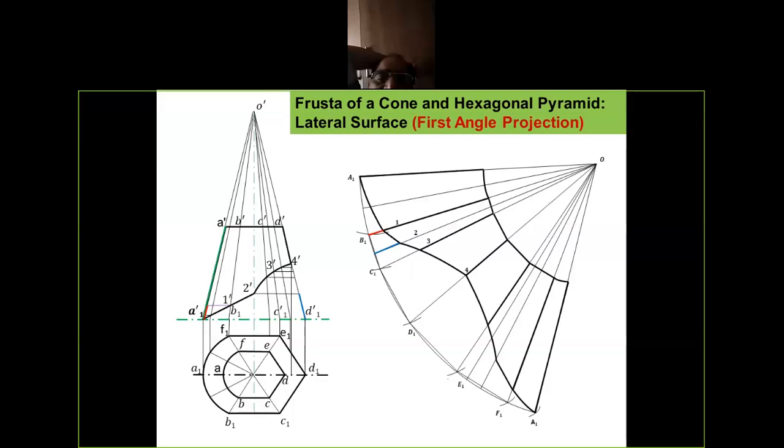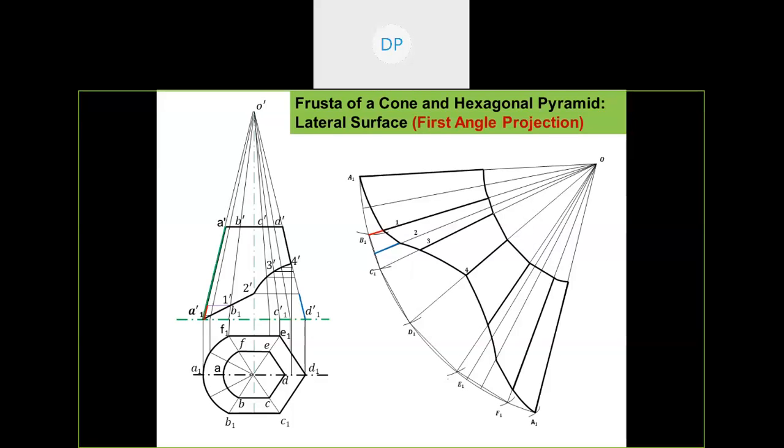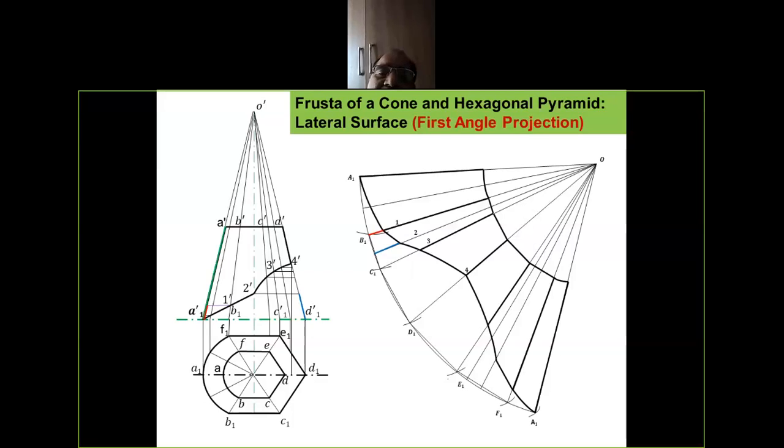So this form of development is obtained, shown by the dark line. This development of this figure is shown by a dark line.